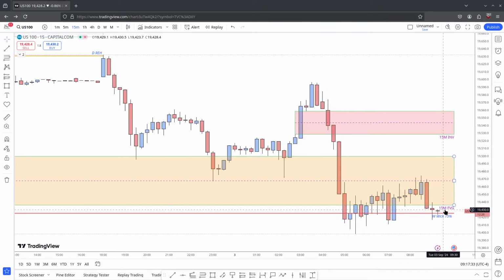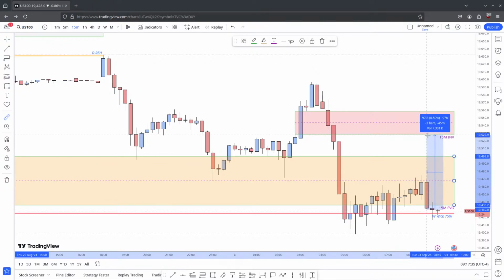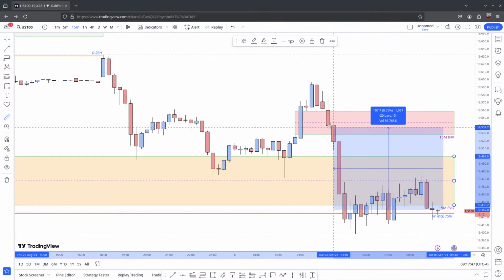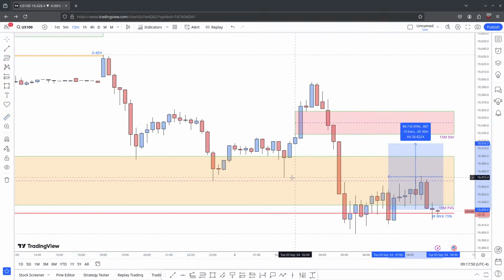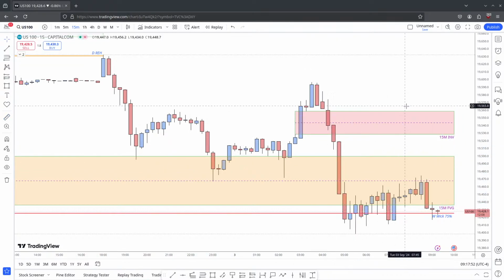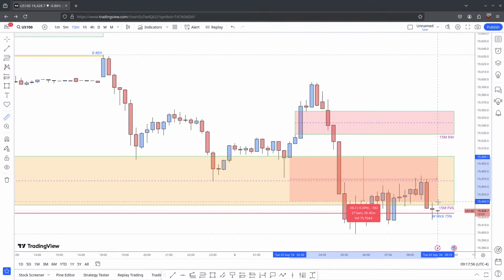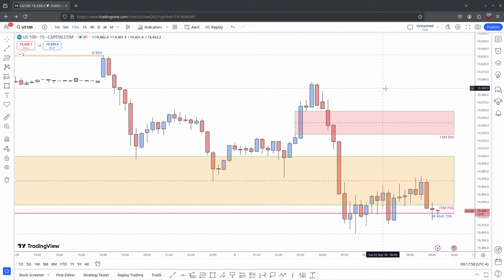You look at where we are currently and look at the low of this inefficiency, then that would still be enough meat on the bone to carve something out of that. Or we could look to trade into one of these inefficiencies down there to take something off, or we could target this breaker block, and that would still be enough meat on the bone to take home.